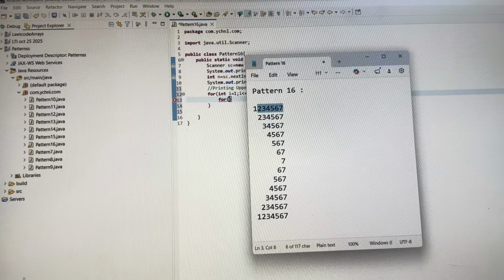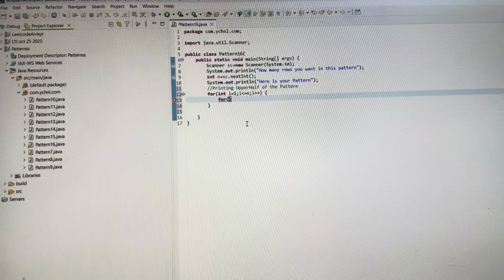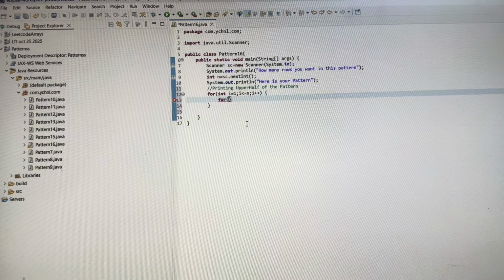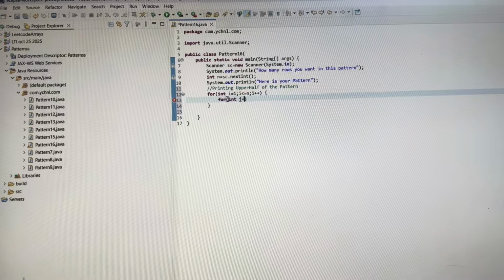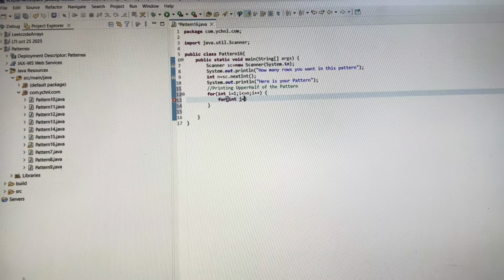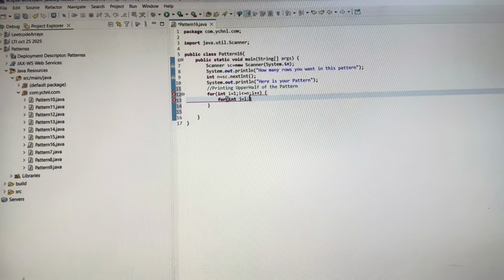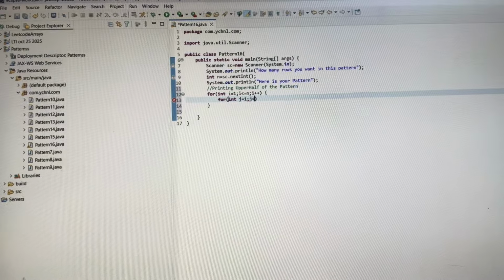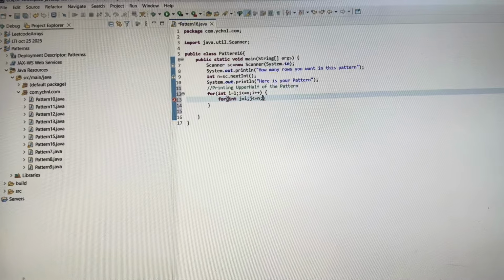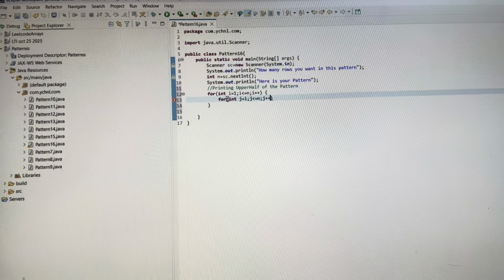That's why I am entering for the elements, for int j is equal to i, j less than or equal to n, j plus plus, right?